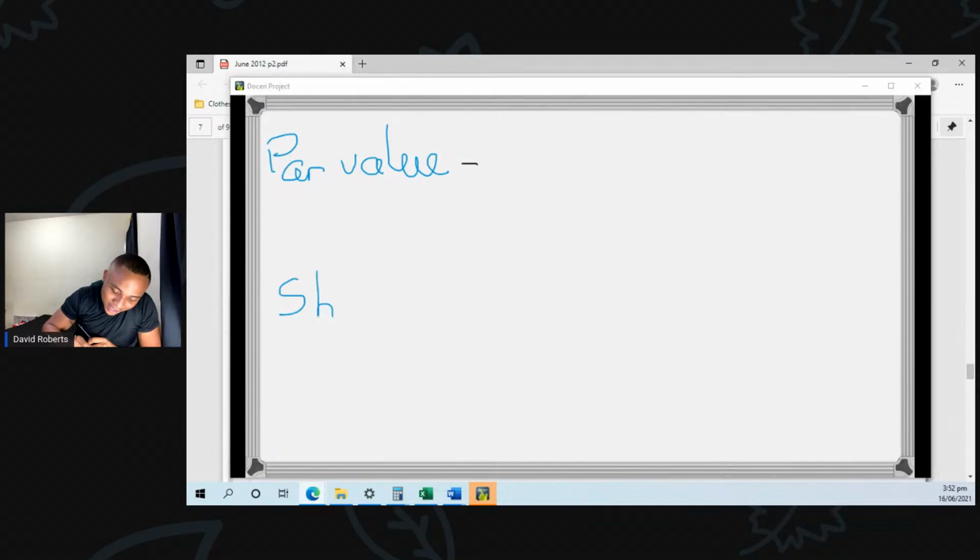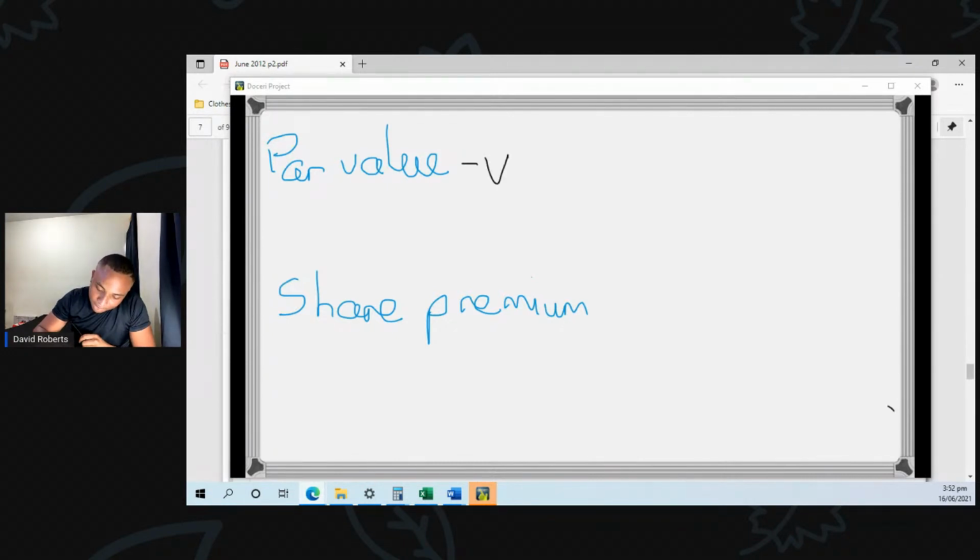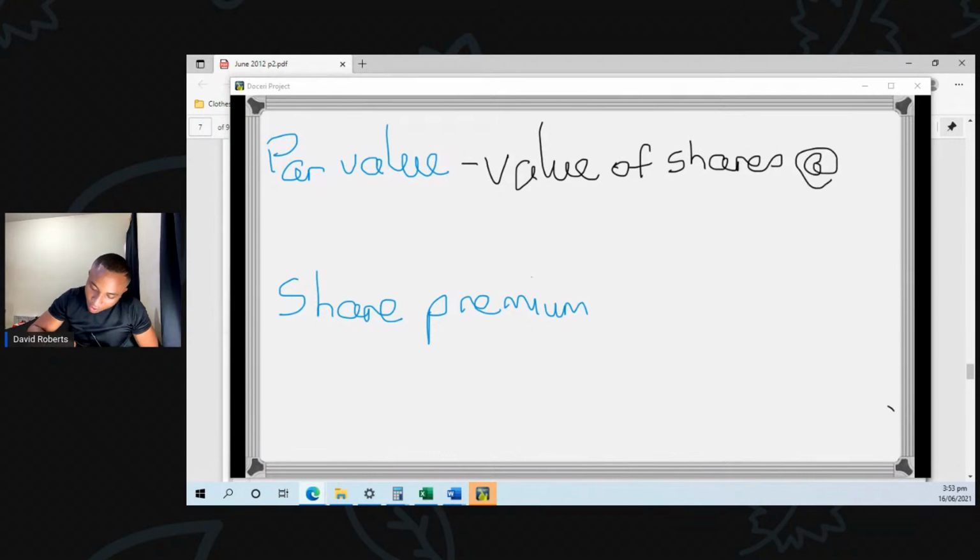There is something called share premium. Par value is the value of shares at authorization.